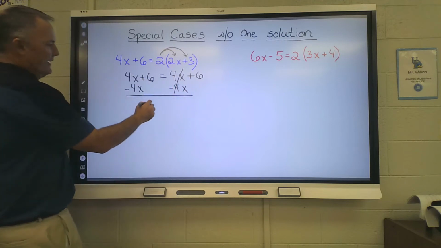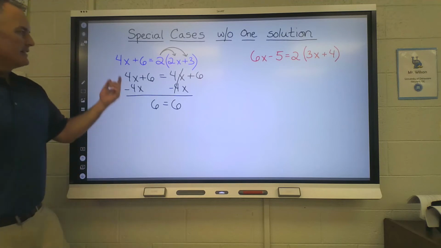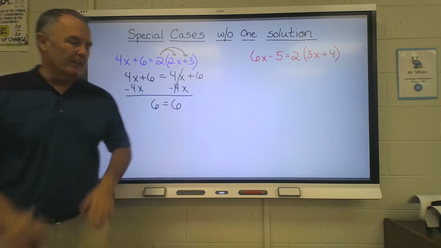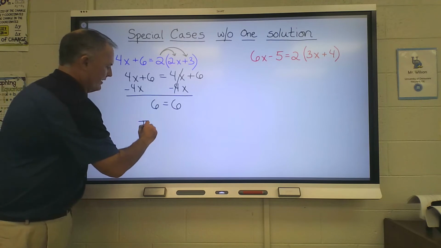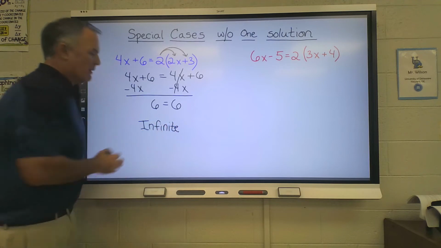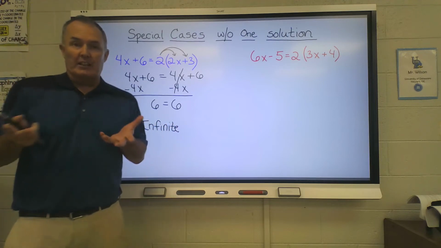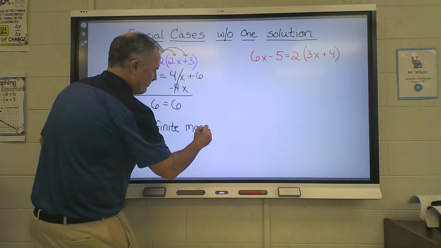So then that would just give me a 6 on this side and a 6 on that side. So whenever both sides match perfectly, we say that that is infinite. Some classes, some textbooks will say infinite solutions, or you could say many solutions.